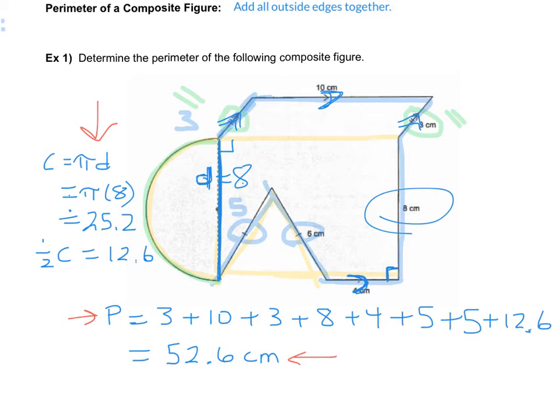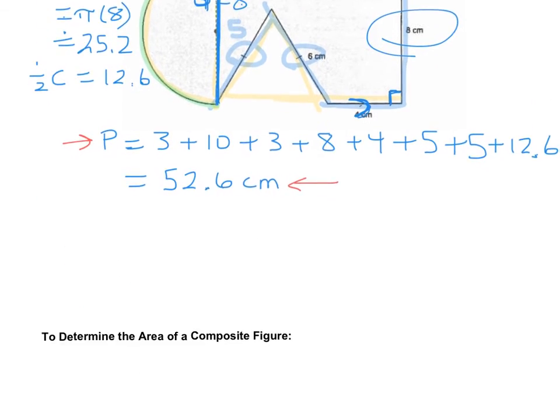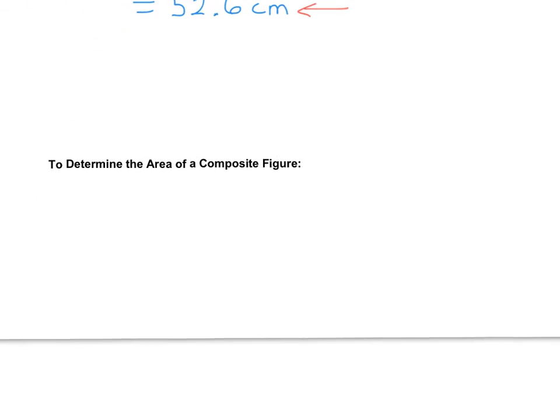Now we're going to talk about area of a composite figure. So sliding this up. To determine the area of a composite figure, you're going to divide that figure into the known shapes. So we already talked about having half of a circle, a parallelogram, a rectangle with a triangle cut out of it. All you need to do is find the area of each individual shape and then add them all together.